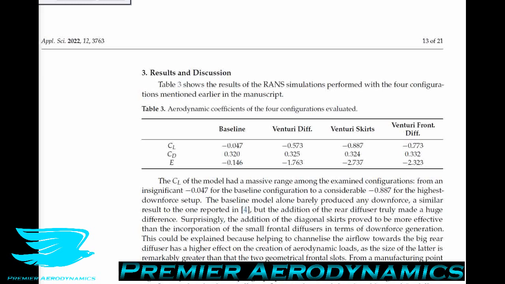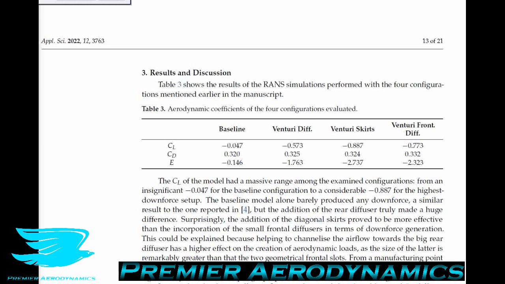So interestingly, when the researchers added the front diffuser as well, so the front diffuser, skirts, and rear diffuser, both the lift coefficient and drag coefficient suffered, and the lift coefficient increased to minus 0.773, a negative effect of 14.7%, and the drag coefficient rose by 8 counts, which is a 2.5% increase. So the front diffuser was no good all round.